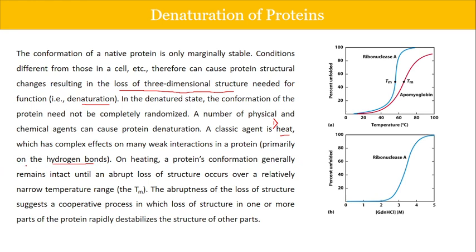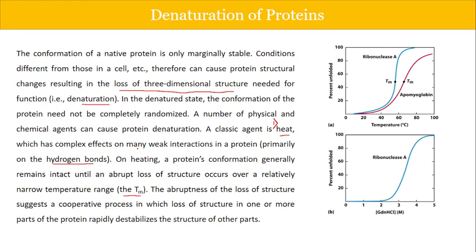Now on heating, a protein's conformation generally remains intact unless an abrupt loss of structure occurs over a relatively narrow temperature range, which we call the Tm. Above this Tm, you can see an abrupt loss in the structure of the protein. The temperature at which your protein is half native and half denatured is what we call the melting temperature, the Tm.